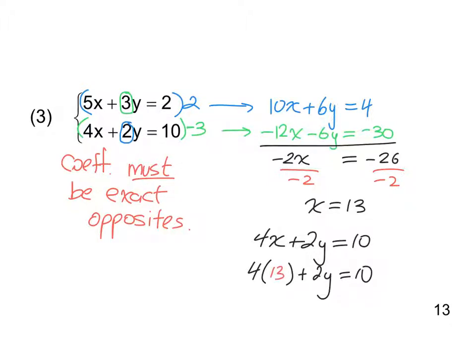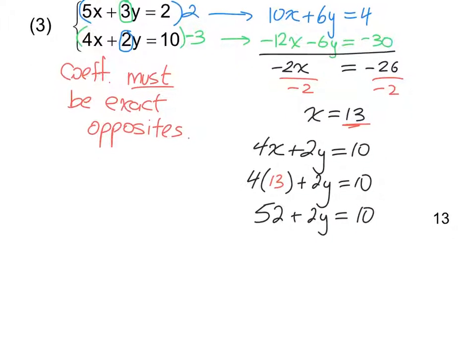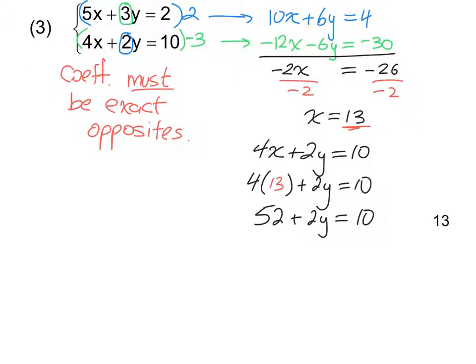All right, so I get an x value of 13. I'll just do a little underline there. Pop it in, and get 52 plus 2y is equal to 10. Subtract the 52. So 2y is equal to negative 42.